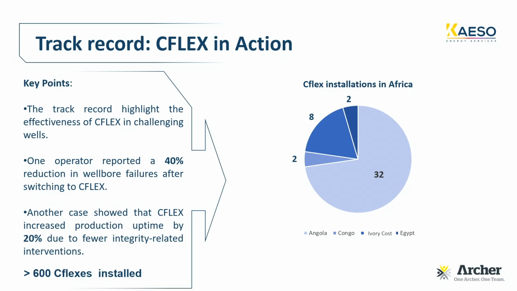As I said before, KAESO is a company that started in Angola and that is now operating in Namibia. All the other runs that we've shown to you have been run directly by Archer or their partners. In Angola, KAESO is the one that has run the 32 CFLEXs. So, as you can see, many people trust this technology.